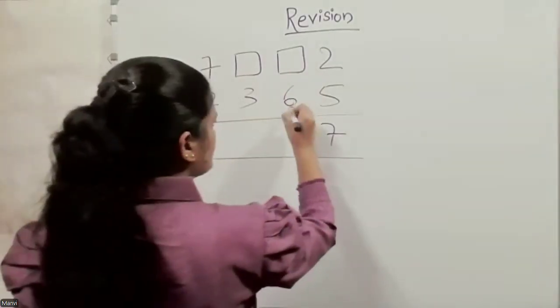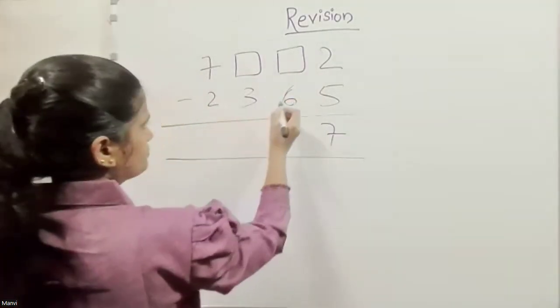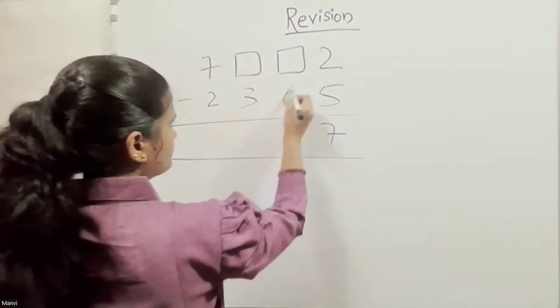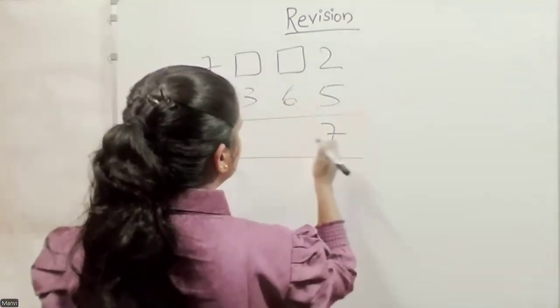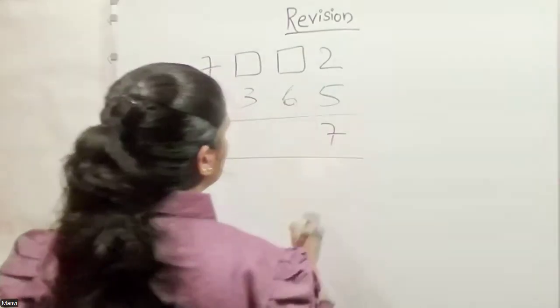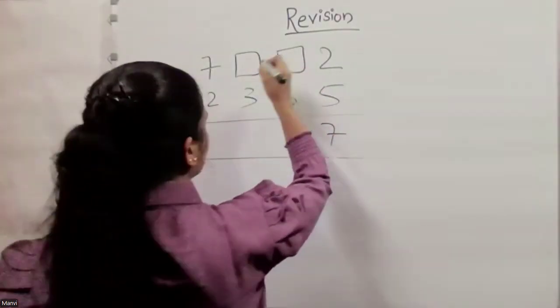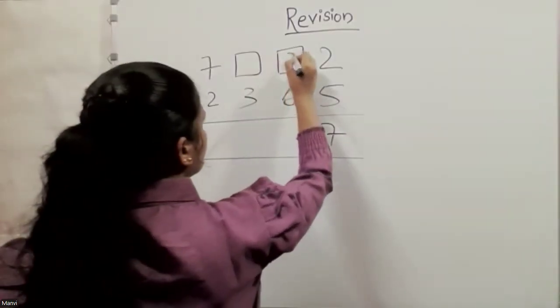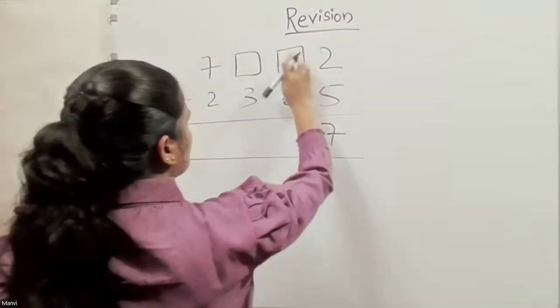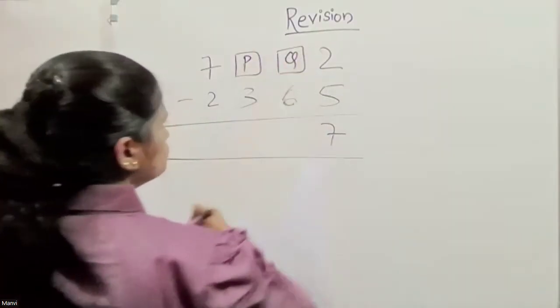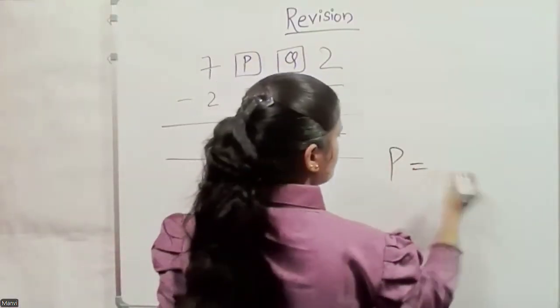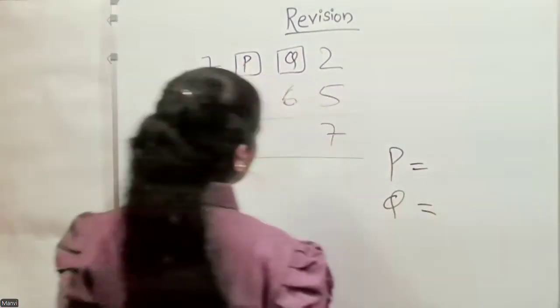This is 6. You have to figure out which one is the number. I can give the question mark here, or I may denote this with letters. This is P, that is Q. So you can tell me P equals this and Q equals that.